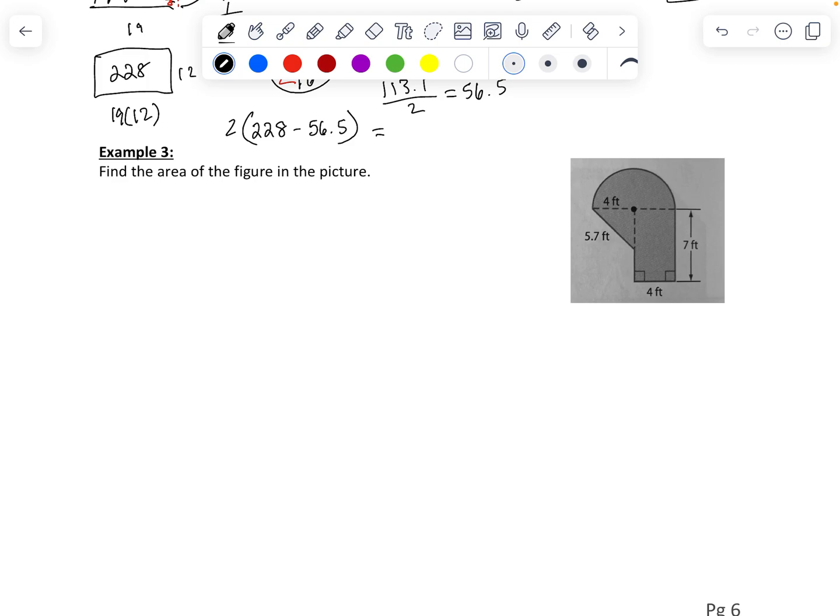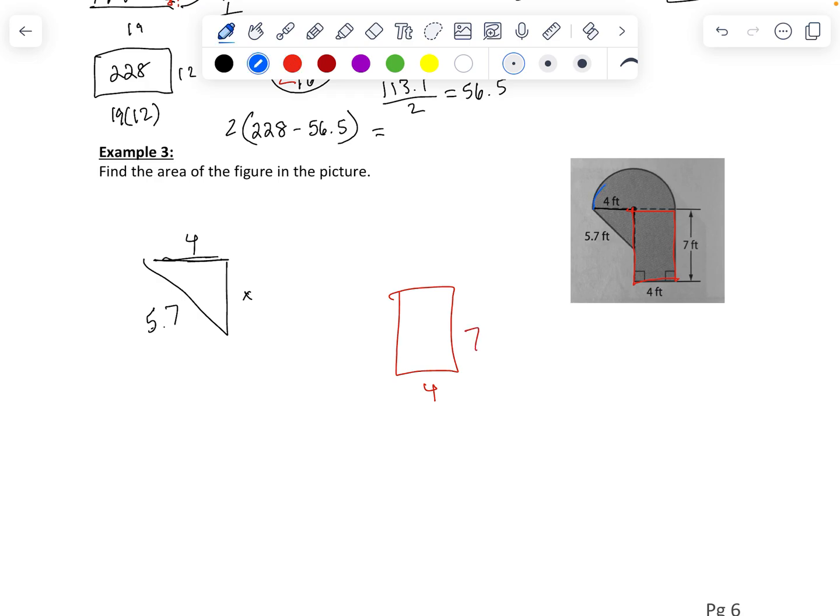Now again, we're looking at some different shapes. So let's break it into parts that we know. I've got this nice triangle here. That's 5.7 and 4 and unknown. We've got this nice rectangle here that's 4 by 7.